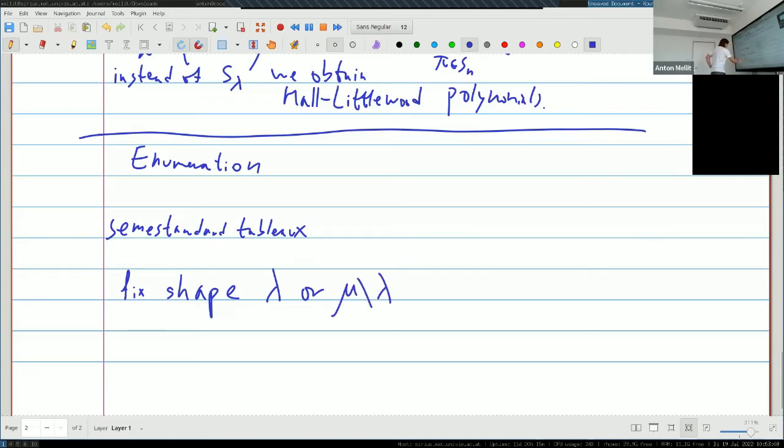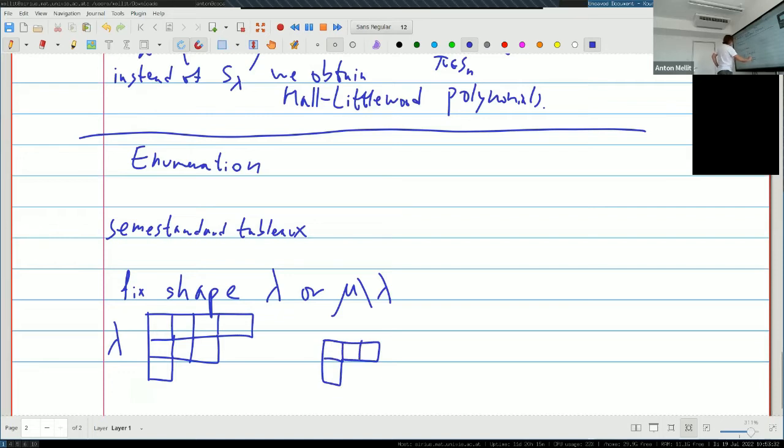Yeah, so a Young diagram will look like something like this. This is my lambda, and then you can look at something like this. So this is my shape, and then you fix another thing.